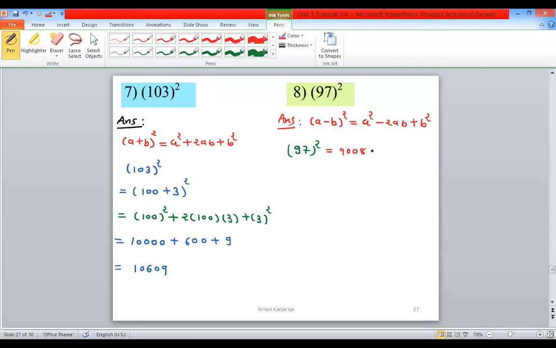So 97 whole square, it gives you, I'm using the minus identity, then what happened? 97 is written as (100 minus 3) whole square. Your a is 100 and b is 3. Apply the minus identity: take the first term square minus... Sorry, the answer is 2190? Yes, okay, no problem, don't worry.